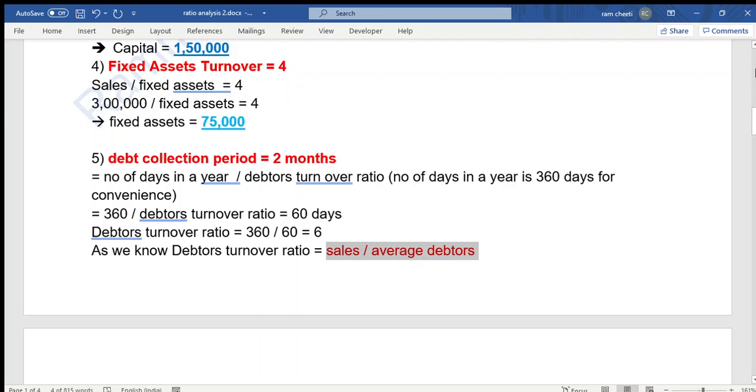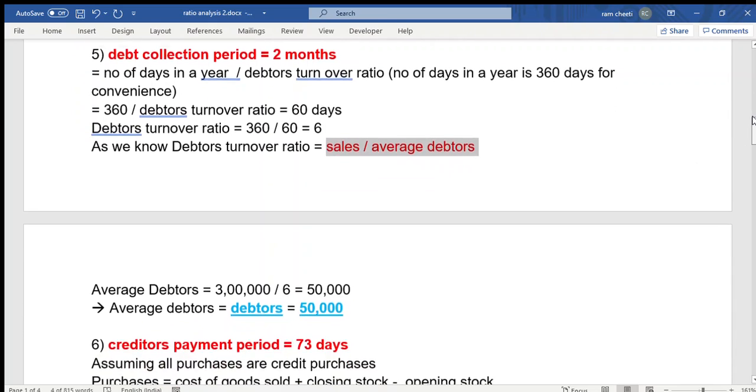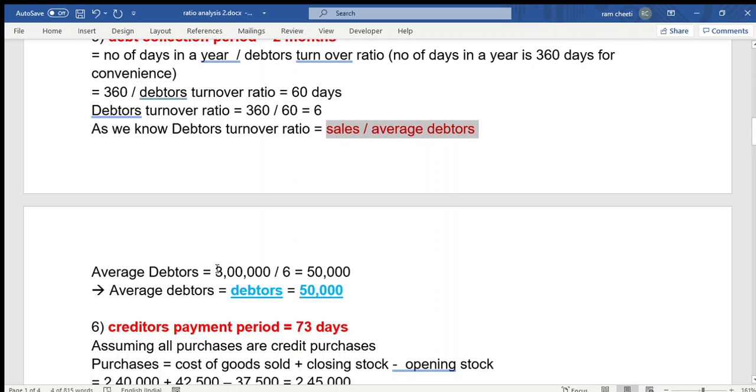Okay, so here if you see sales, we know that is 3 lakhs, so in turn average debtors is equal to, you see this formula, simply altered this.